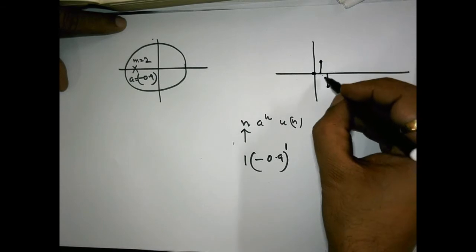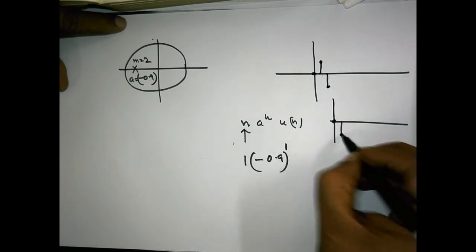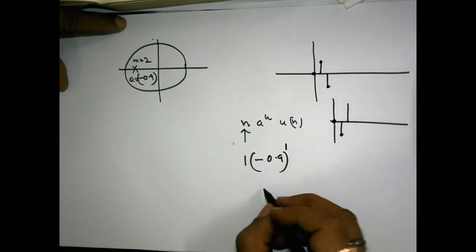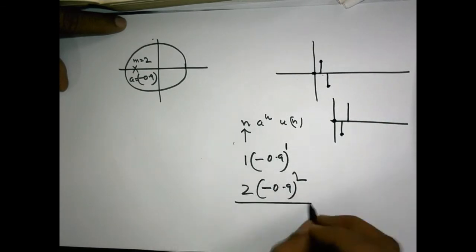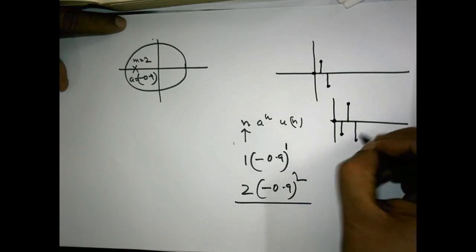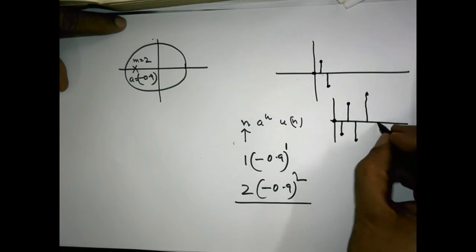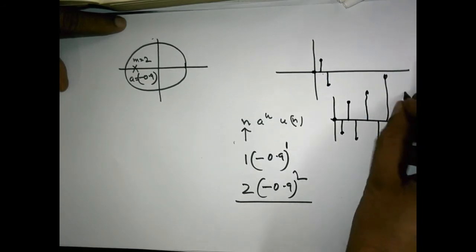Then comes minus 0.9 whole square times 2, and so on. Initially it will rise and then start falling like this.